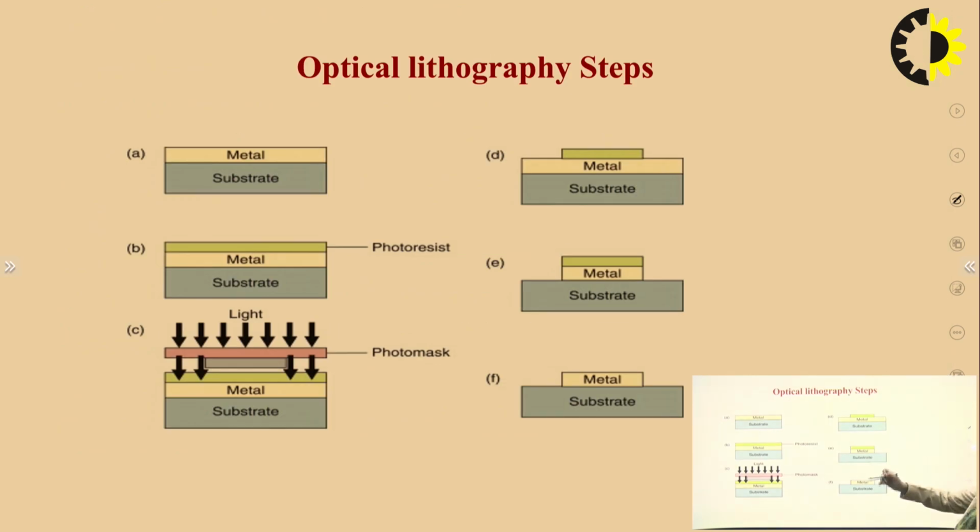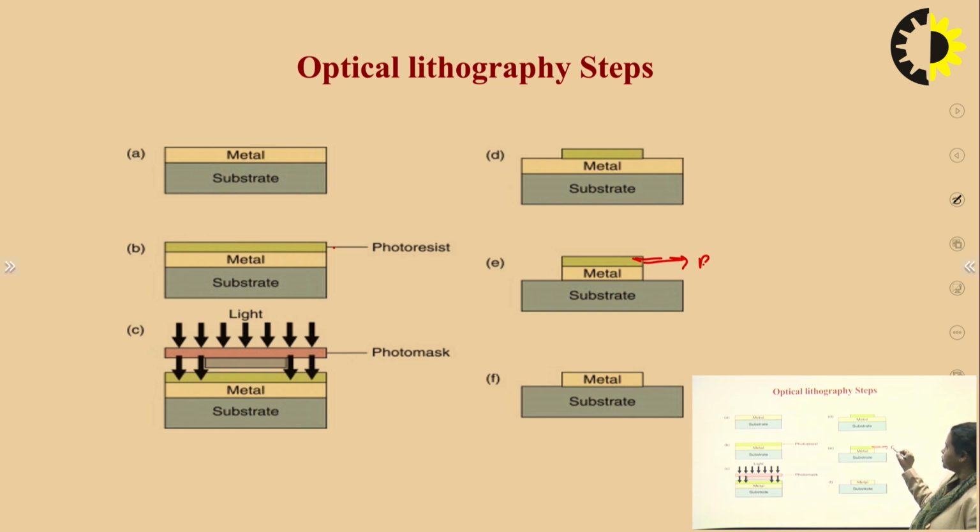So again I have shown here, this is the substrate, and this is some kind of metal, and on the metal we have applied the photoresist. Then this is the photo mask, and we are transferring the pattern. The pattern has been transferred, right? With the help of positive photoresist and negative photoresist, the pattern got transferred, and then finally etching has been done, and we have removed this photoresist.